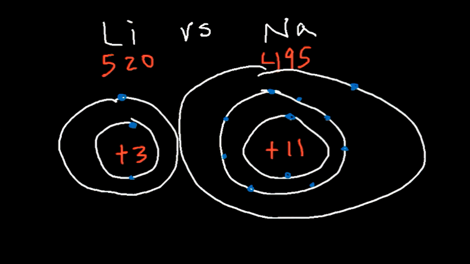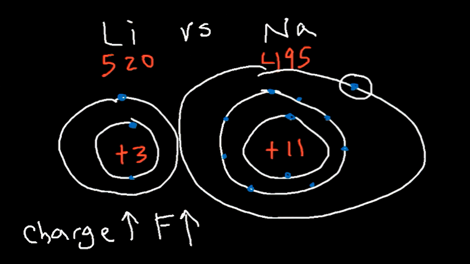Now granted, as the charge increases, we know that the electrostatic force of attraction increases. So an atom with a higher nuclear charge means that it has electrons that are harder to remove. However, you have to take into account distance. The distance between this electron and the nucleus is significantly larger than the distance between this electron and the nucleus.